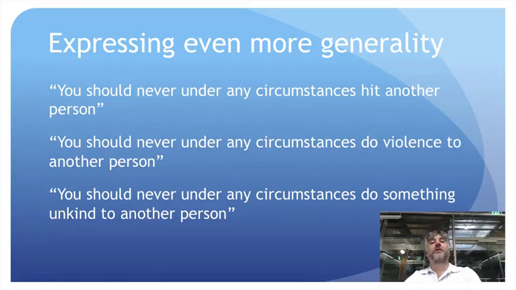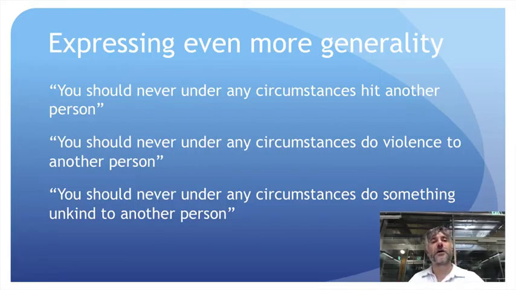I could make a rule that's even more general than that. I could say, "You should never under any circumstances do something unkind to another person," whether the unkind thing in question is a form of violence or merely an insulting action, a demeaning action, a condescending action. There are lots of different ways of doing things that are unkind, even if they're not violent.